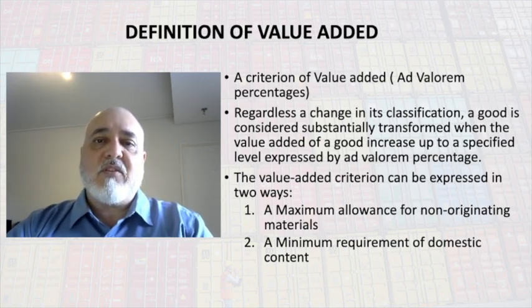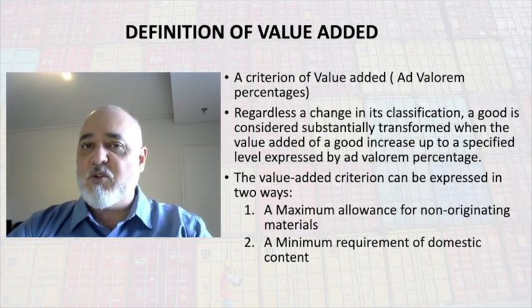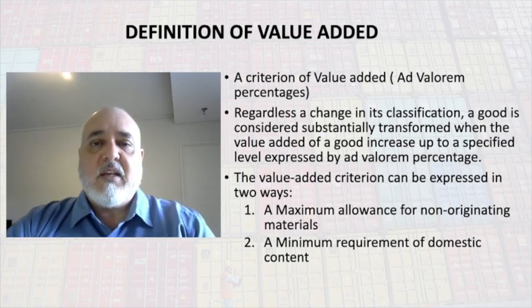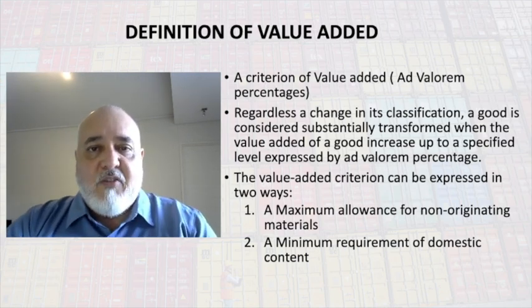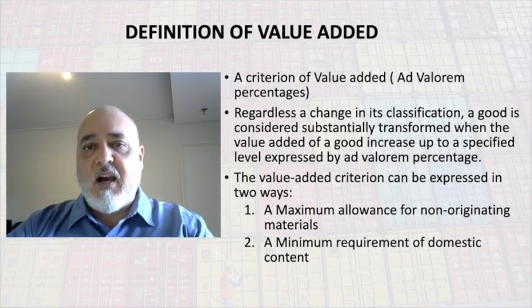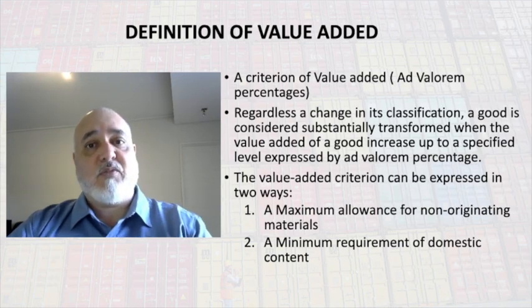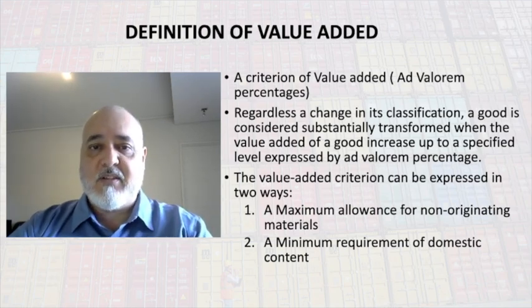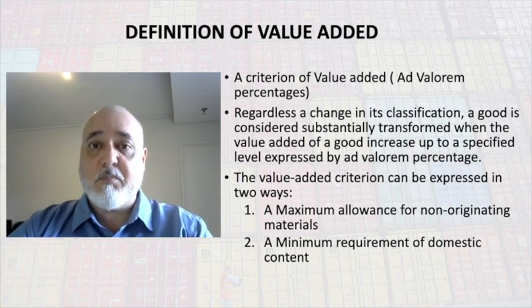Suppose that Mexico exports cotton to the United States, which then uses the cotton to produce T-shirts. The value of the cotton is, let's say, $100, and the final value of the T-shirt is $200. If the ad valorem percentage is set at 35%, for example, in the trade agreement between these two countries, it must be determined which is the percentage.